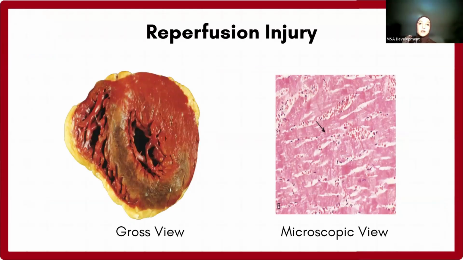This injury is due to the fact that whenever you introduce oxygen, the endothelium of the blood vessels will contract, and this can lead to hemorrhage, because oxygen is not a vasodilator. It's a vasoconstrictor. So whenever it gets introduced very rapidly, it leads to constriction and it can lead to hemorrhage.